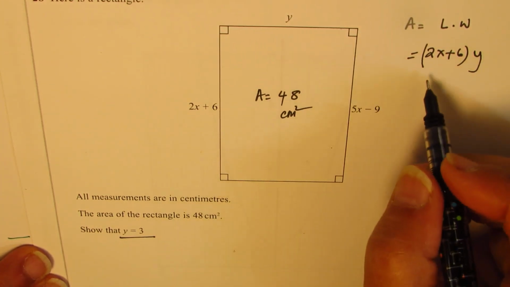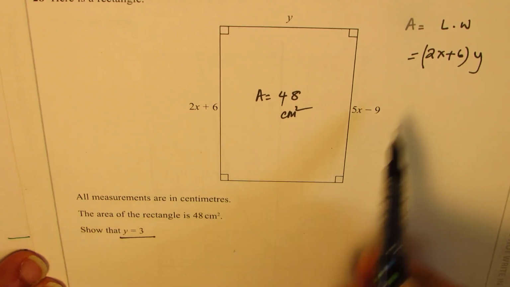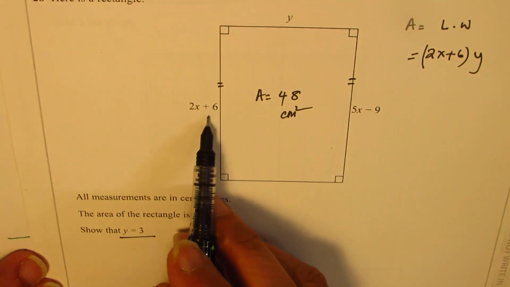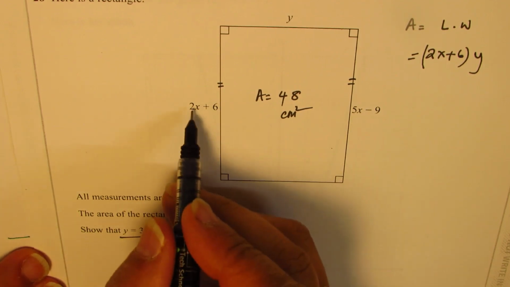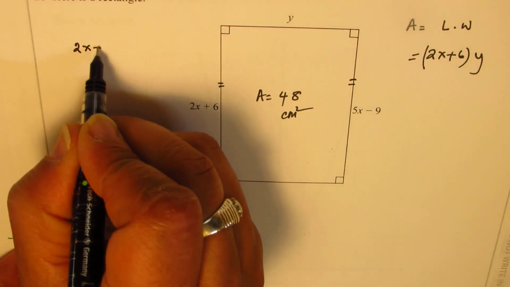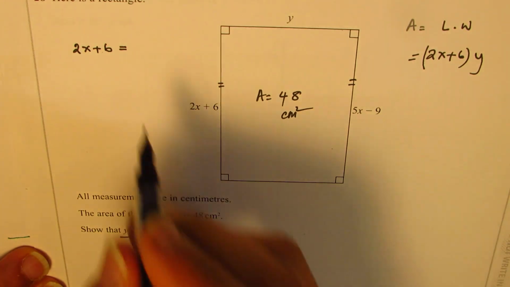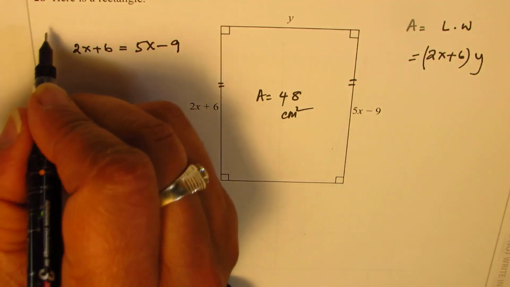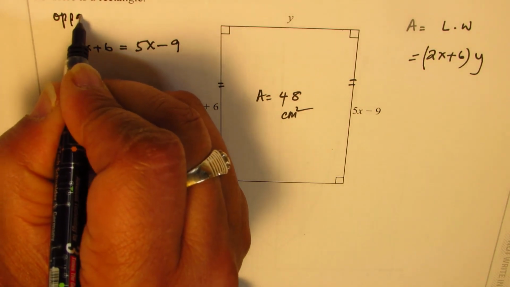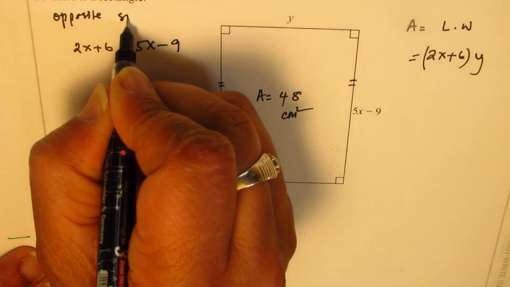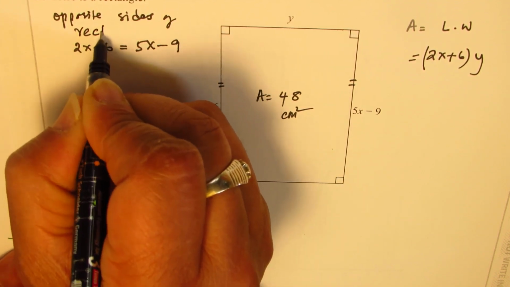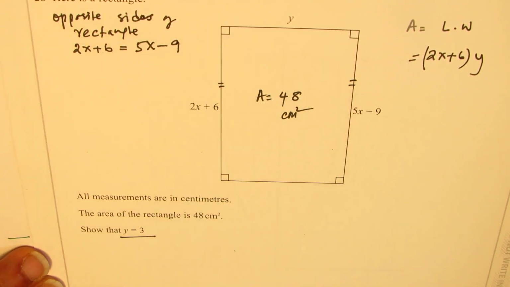is the area. Now, since this is a rectangle, we have opposite sides equal, so that should help us to find the value of x. So we could work out that 2x plus 6 should be equal to 5x minus 9, right? So these are opposite sides of rectangle. They must be equal, right?